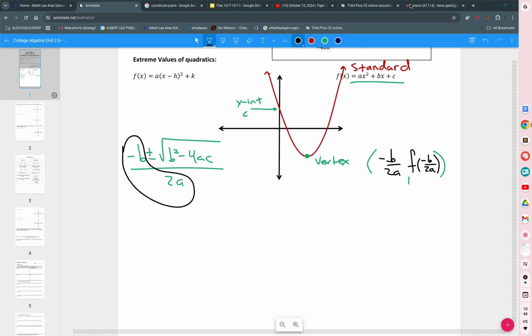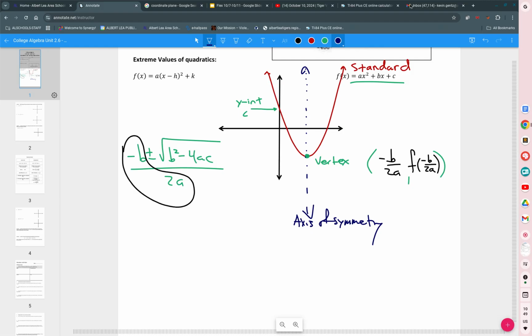There is a line that goes down the middle of a parabola. Axis of symmetry. Thank you. The axis of symmetry, is it a vertical line or horizontal line? Vertical. Is a vertical line of the equation x equals or y equals?